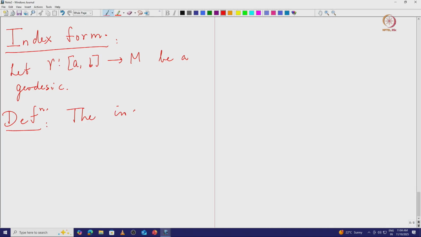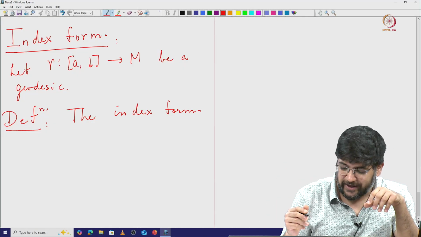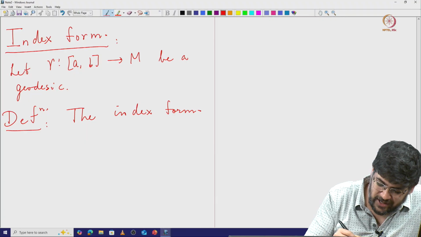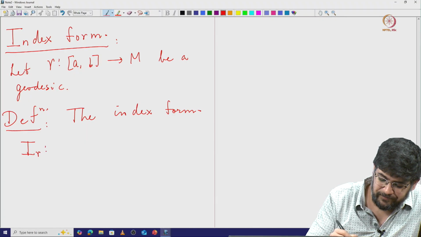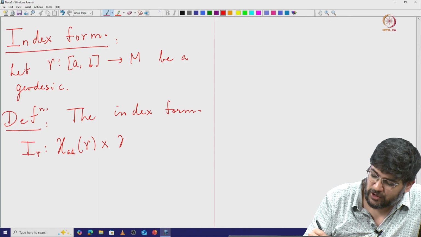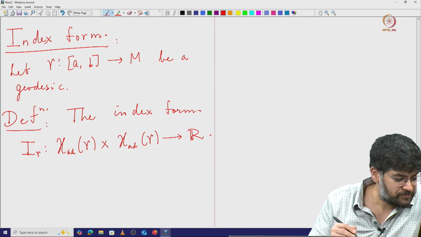The index form: a priori, in applications you want to restrict the index form to variation vector fields that come from proper variations, but for later applications it is useful to give a slightly more general definition. So I will define the index form to be a symmetric bilinear form on the space of all admissible vector fields.